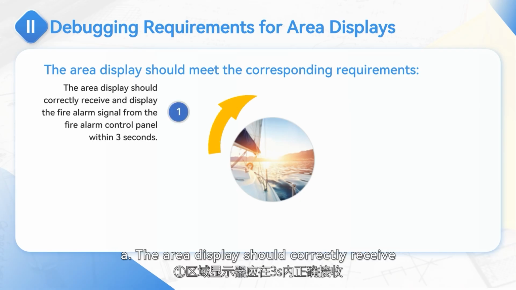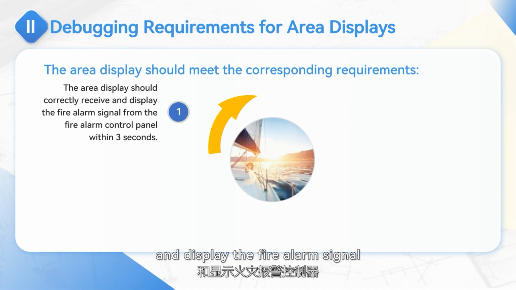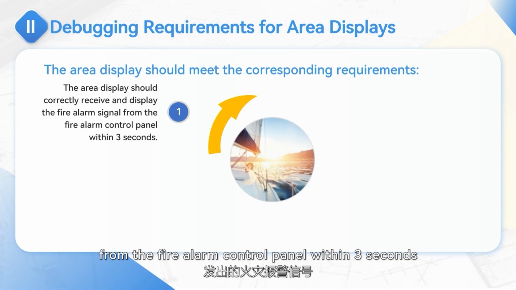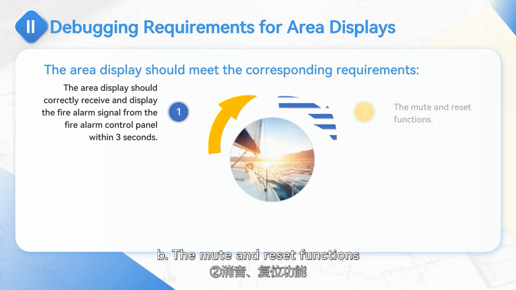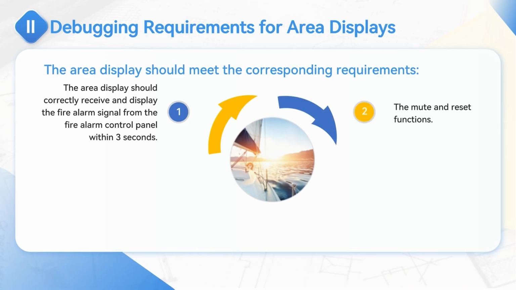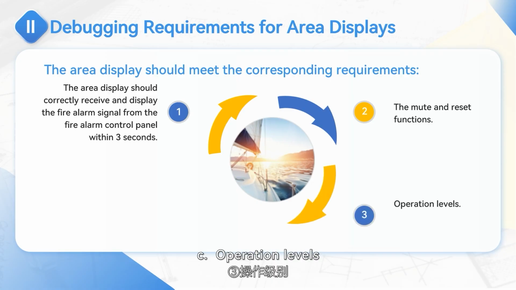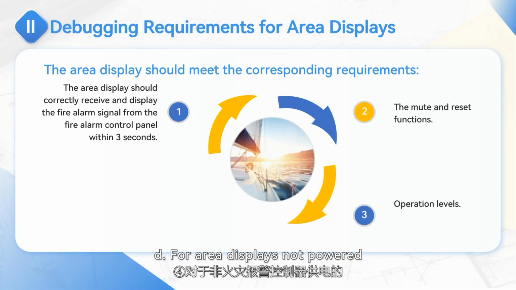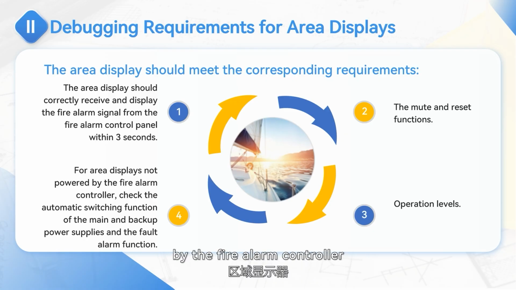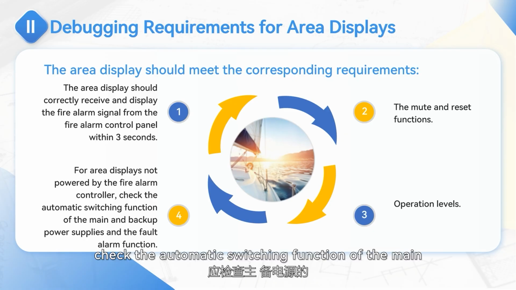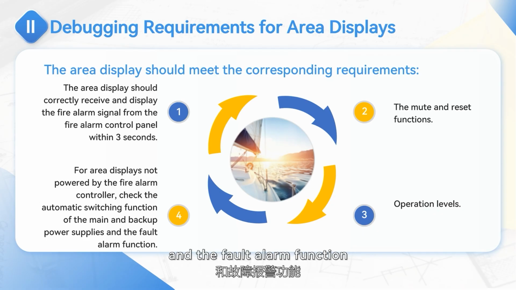A. The area display should correctly receive and display the fire alarm signal from the fire alarm control panel within 3 seconds. B. The mute and reset functions. C. Operation levels. D. For area displays not powered by the fire alarm controller, check the automatic switching function of the main and backup power supplies and the fault alarm function.